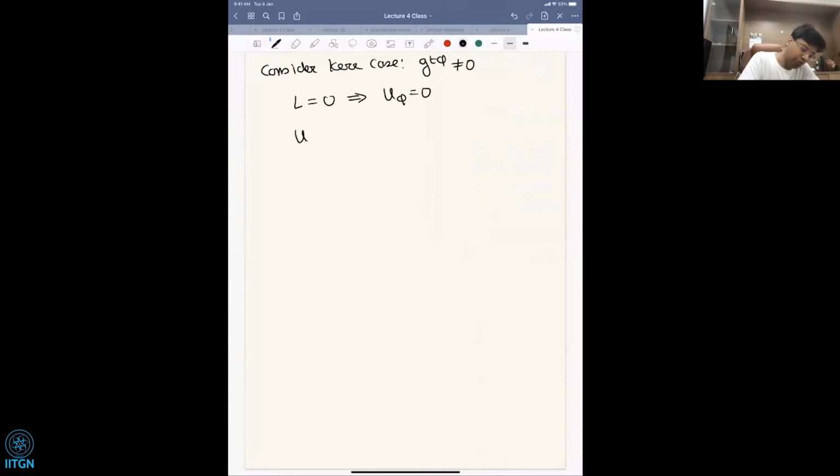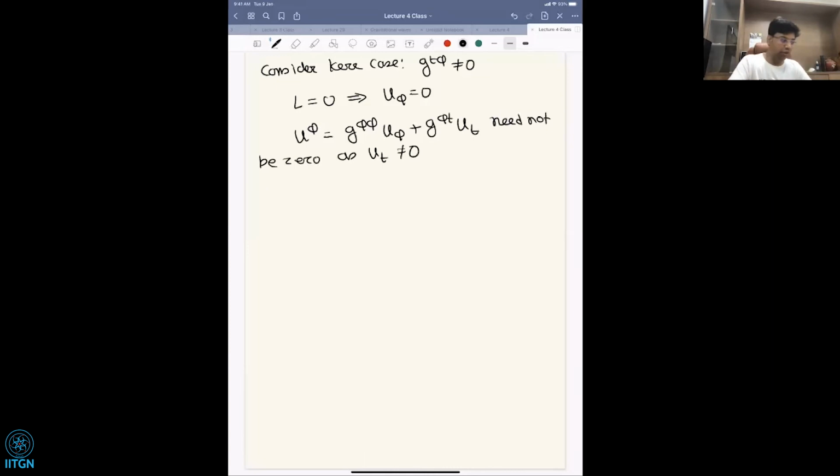But now u down phi equals g phi phi u phi plus g phi t ut. And one could have non-trivial angular velocity, need not be 0, as ut is not equal to 0. So therefore, u down phi is g t phi ut, not equal to 0.